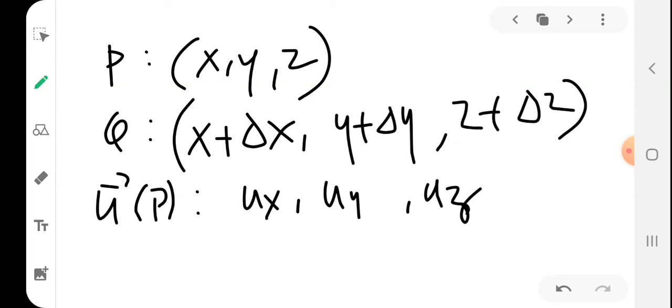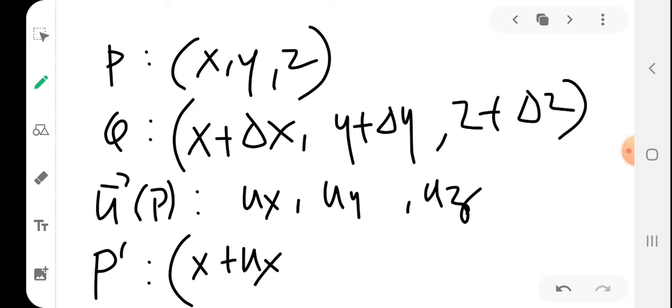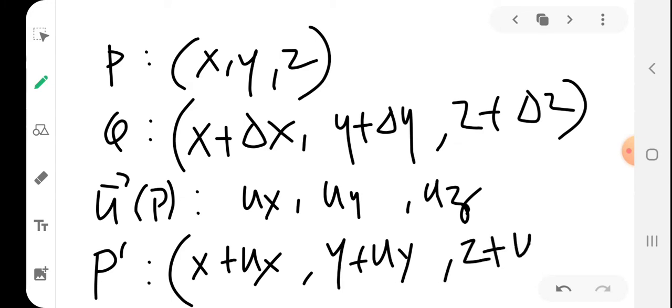Therefore, P dash will be what? P dash will be x plus ux, y plus uy and z plus uz. So this will be the new P dash because P dash is the displaced position of P.